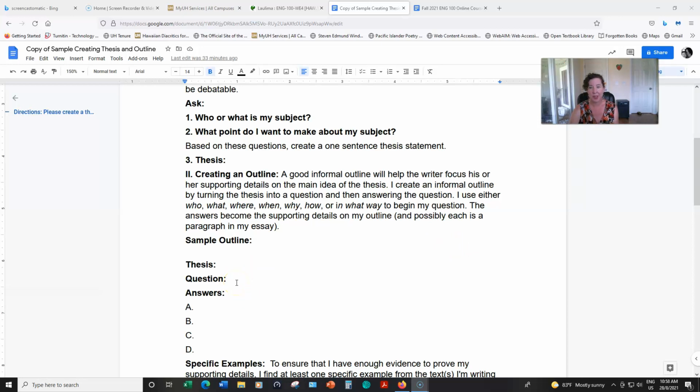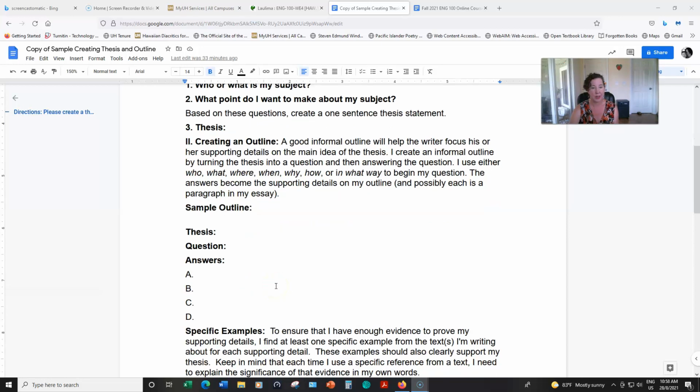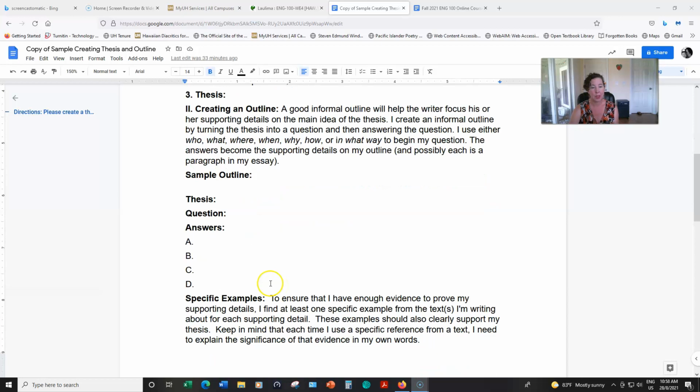Once you have turned your thesis into a question, you want to answer those questions. And those answers will help you generate your major supporting points that you will then develop into your essay when you get to writing your rough draft of your essay.